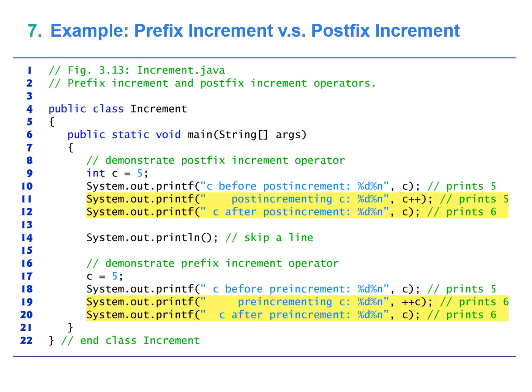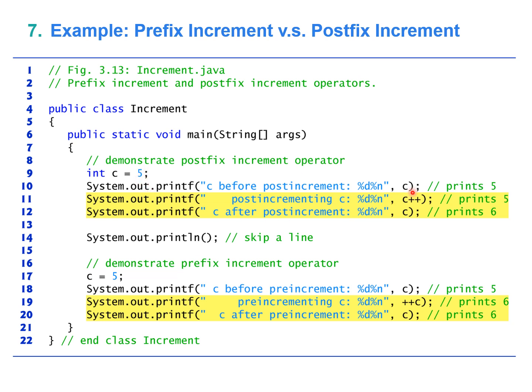Here is a complete Java program that also shows the difference between prefix increment and postfix increment. In this program, we declare an integer variable named c and initialize it to a value of 5.